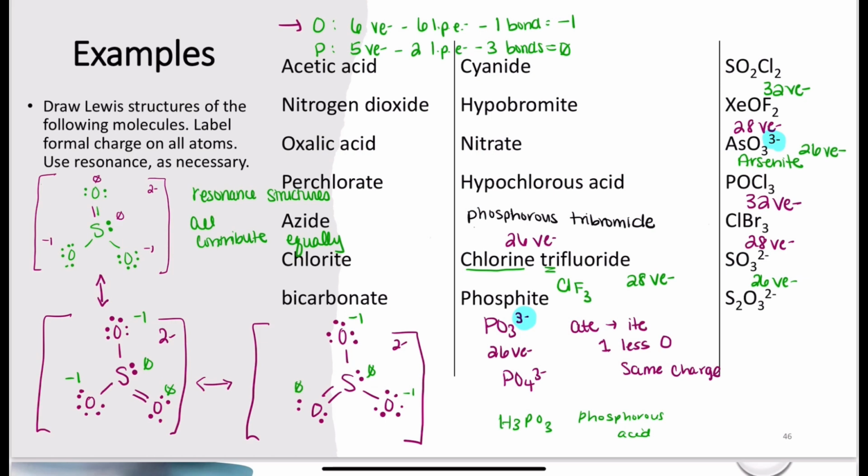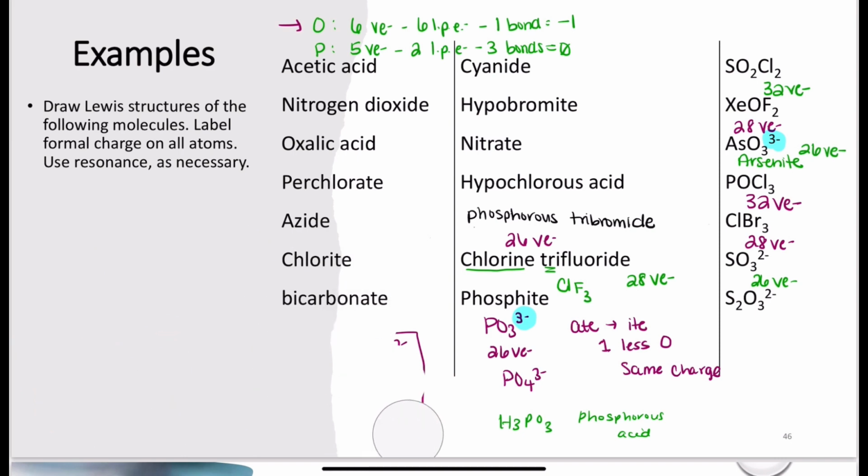And only one more compound. S2O3 2 minus. 2 sulfurs, 2 times 6 valence electrons. 3 oxygens, 3 times 6 valence electrons. Plus 2 valence electrons. So let's see, 3 times 6 is 18, plus 12 is 30, 32 valence electrons.